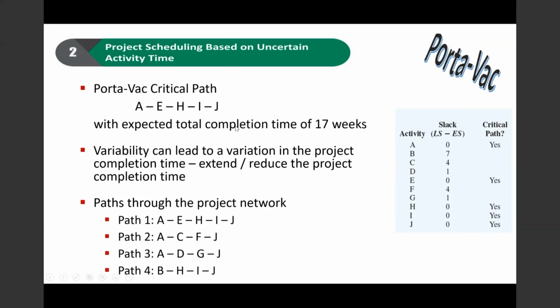But we know that there is a big range of variation for the particular activities, and if there is variation, it could actually make the project complete earlier or later.